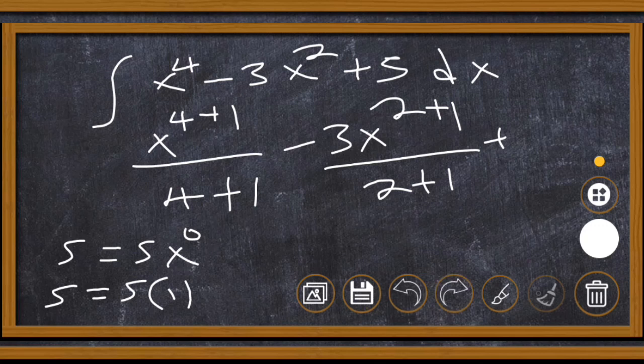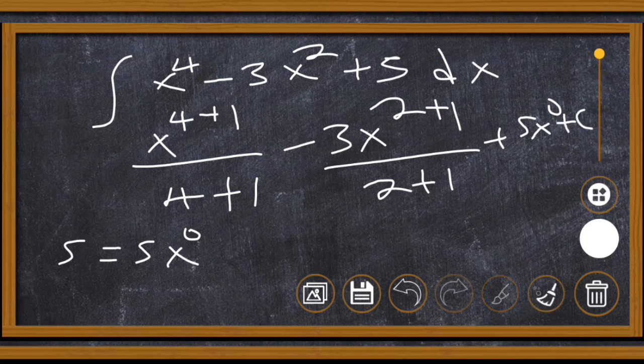When we multiply 1 with 5 here, we're going to have 5. So where we have 5, it's the same as 5x power 0. For the sake of integrating this expression, where we have 5, we're going to write x power 0, because this is the same as this. So we're going to have 5x power 0, then plus the constant value c. So you always write the constant value c. Don't forget to do that.